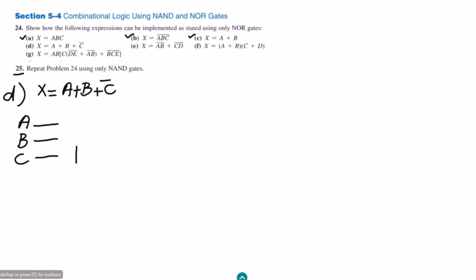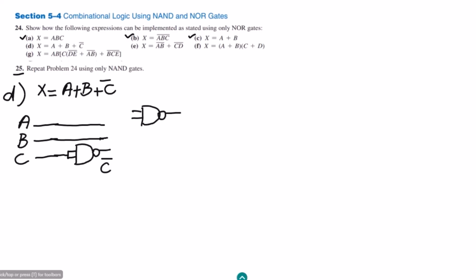So let me first draw here the NAND inverter. The two inputs of it are combined, so here I will get C complement, and from here these are the inputs. So A, B, C complement I have to add together by using the OR gate. The OR gate implementation by using the NAND gate is here.